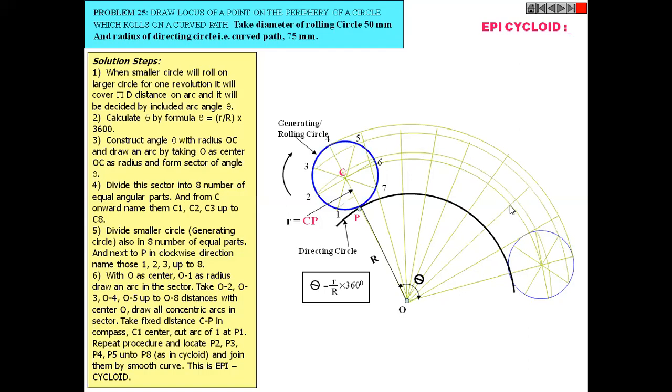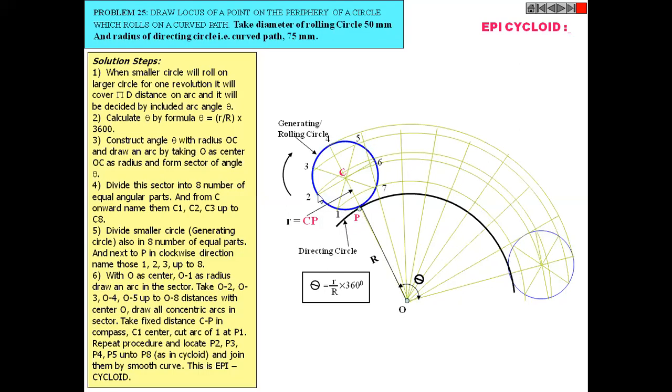Then you have to draw the arc from different divisions by considering O as a center, means set your compass here, set the radius equal to O1, then draw one arc up to the subtended angle.